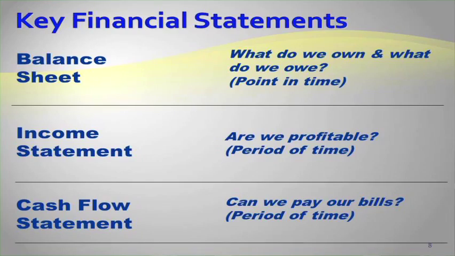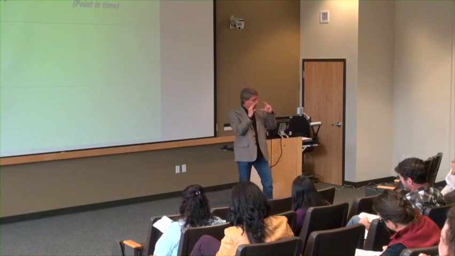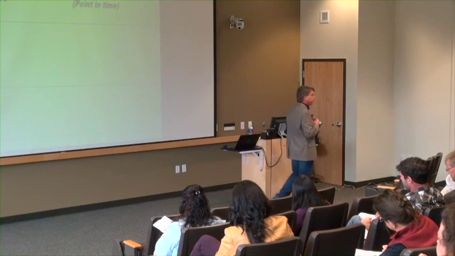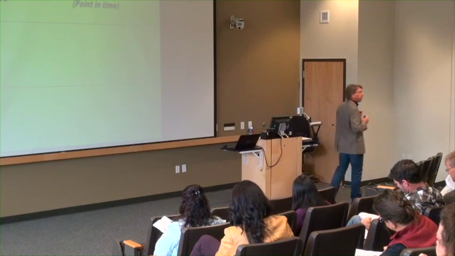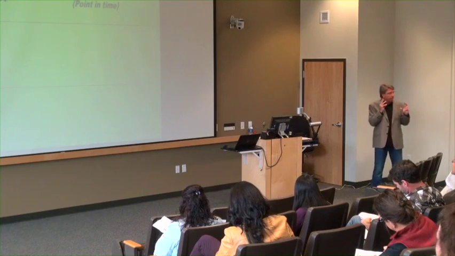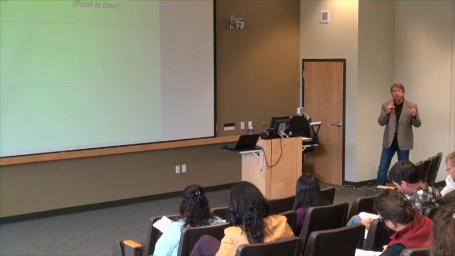Okay, excellent. Let's go to the bottom of the page. All right, so the balance sheet. Just a few more words about these three basic statements. The balance sheet is a statement of what we own and what we owe as of a point in time. The word snapshot of a point in time has been used. You guys heard that? Snapshot as of a point in time?